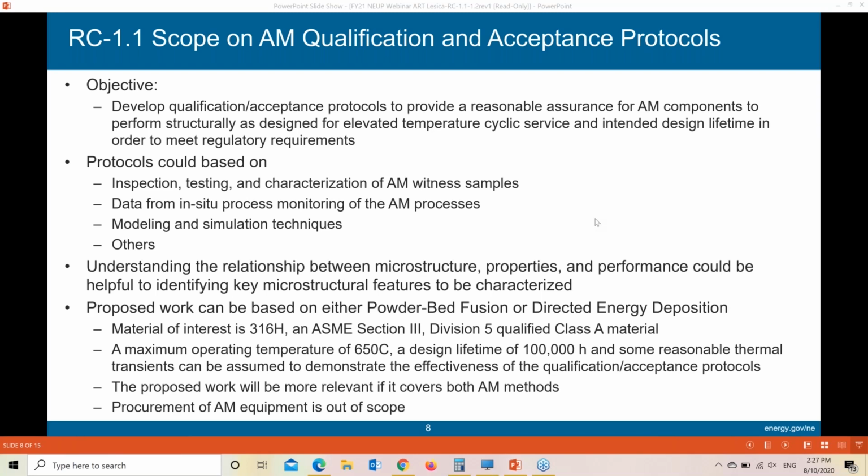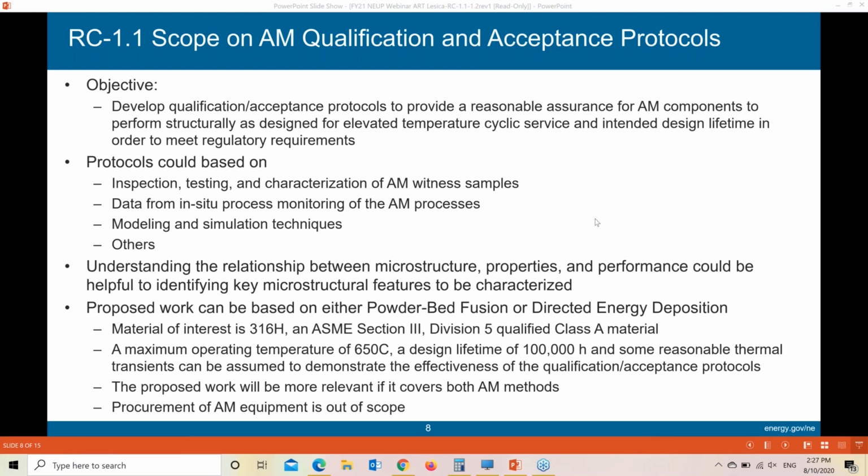So the scope of this is not in perfecting the AM processes. Optimization to get the AM process to be even better than the current state of the art is not what we are aiming at.